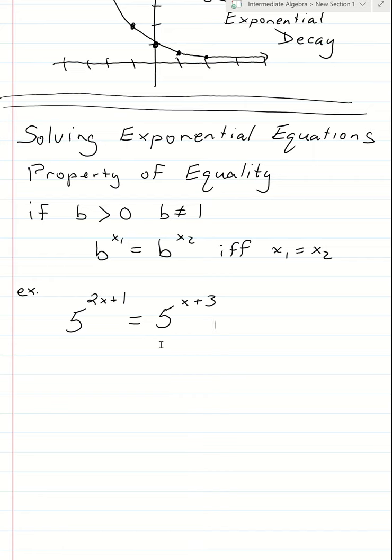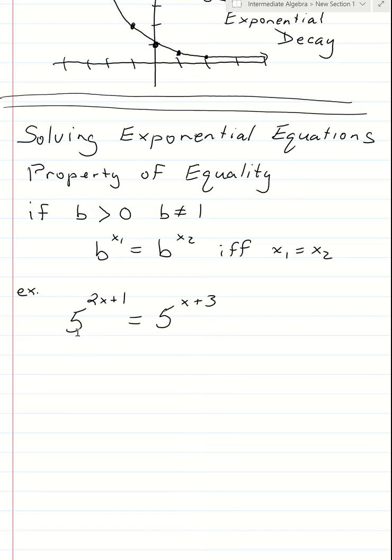Why is it considered an exponential equation? Because the variable x is located in the exponent. And because we have base 5 raised to the 2x plus 1 power equals base 5 raised to the x plus 3 power, well, let's take a look and see if this property of equality can be used.